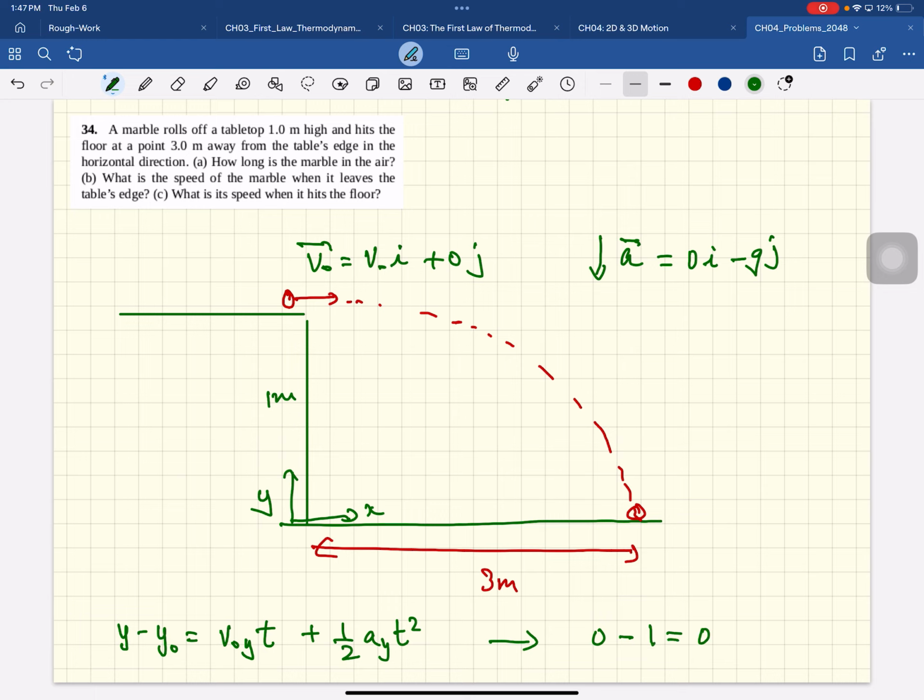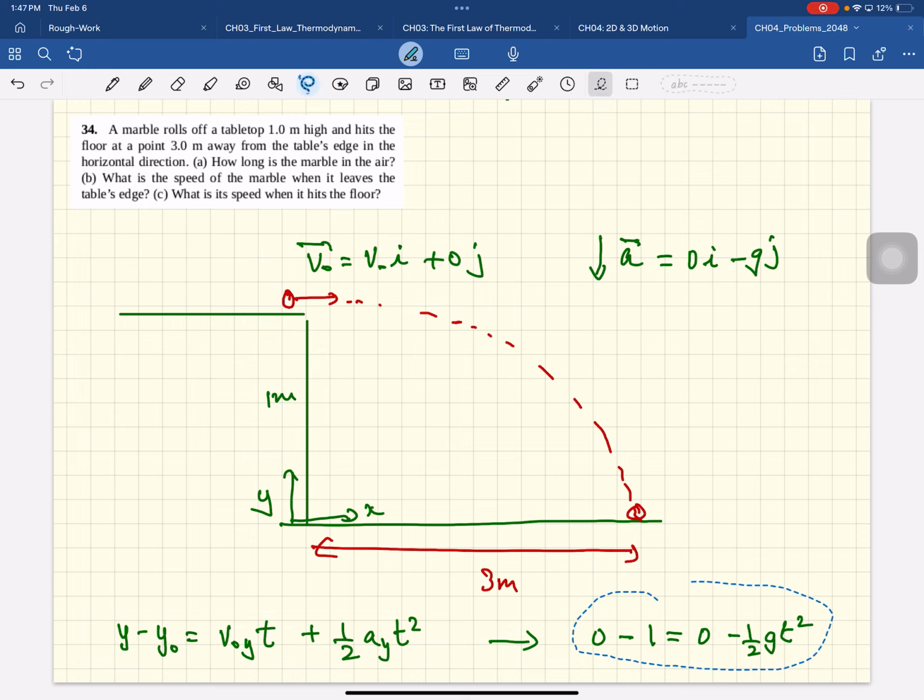Initial y component of the velocity is 0, minus 1/2 g t squared.